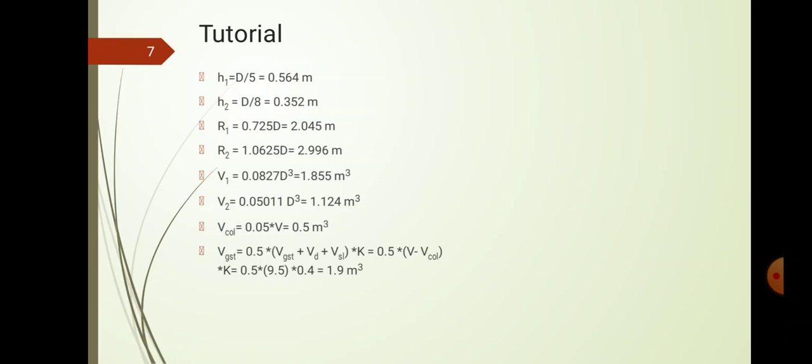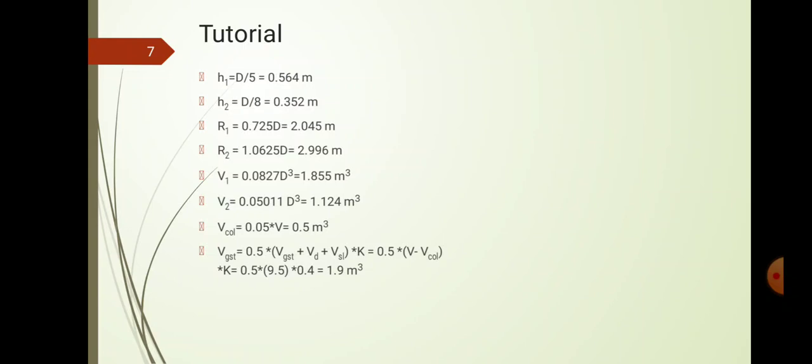VGST is 0.5 into VGST plus VD plus VSL into K. So what are these 3 volumes? If you add these 3 volumes, it will be the same as total volume minus collection volume, because if you add all the 4 volumes, we will get the total volume. So if you subtract the collection volume from the total volume, we will get VGST plus VD plus VSL.